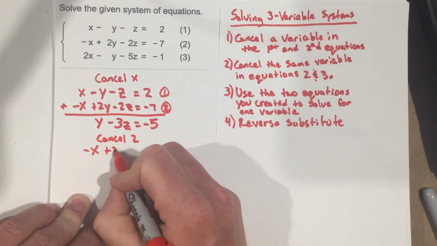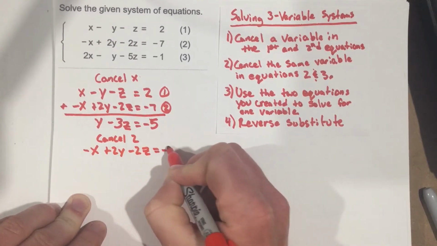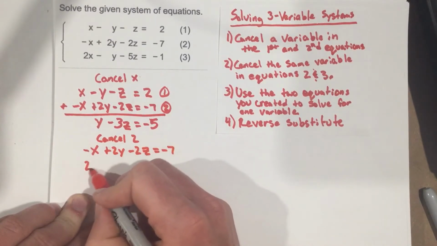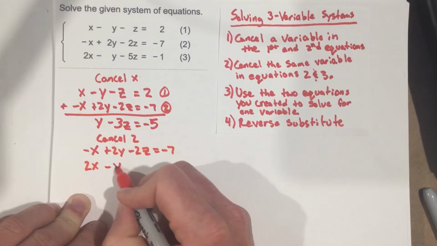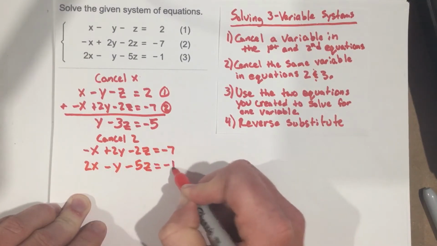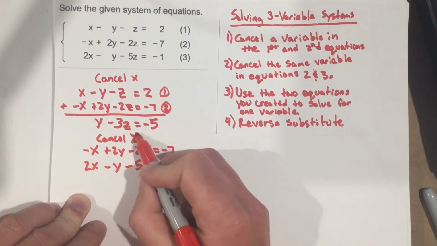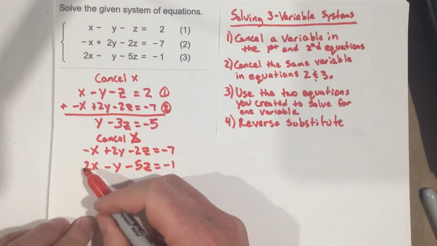Negative x plus 2y minus 2z equals negative 7. 2x minus y minus 5z equals negative 1. I said I'm canceling z, I meant x. Canceling x here.